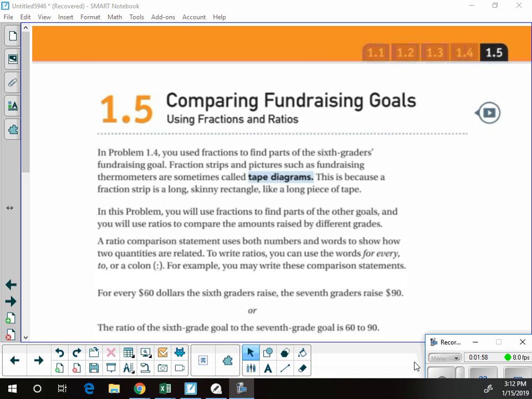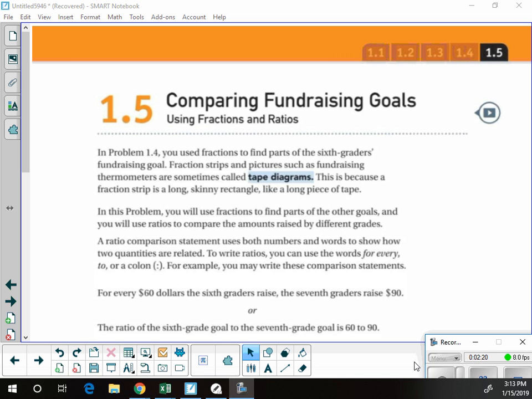For example, you may write these comparison statements. For every $60 the 6th graders raise, the 7th graders raise $90. Or, the ratio of the 6th grade goal to the 7th grade goal is 60 to 90.